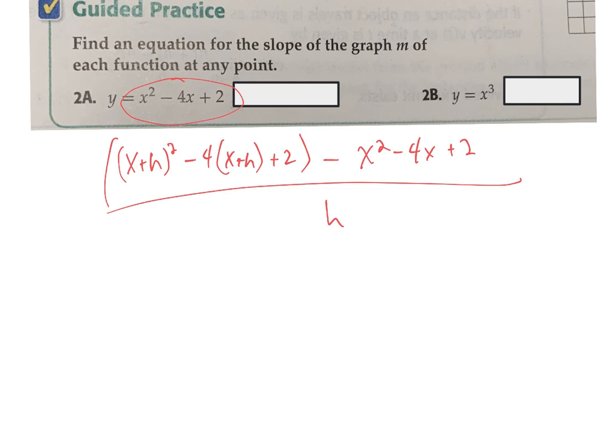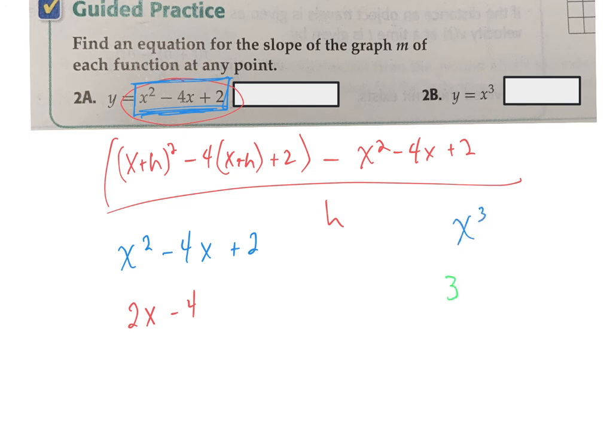So I'm going to give you the function for this guy. The function for this one, so we start out with x squared minus 4x plus 2. I happen to know what this is going to be if I do this whole thing out. It's going to be 2x minus 4. I know that's what it's going to be. Let's look at the next one, x cubed.